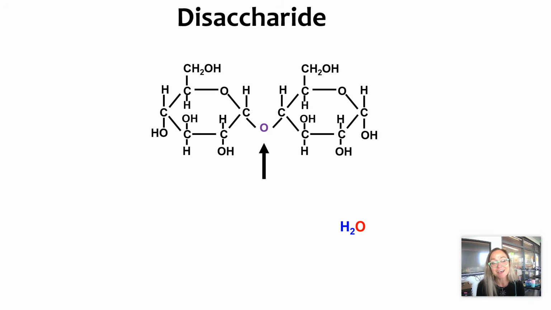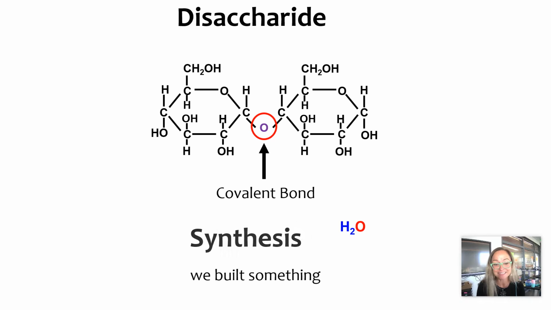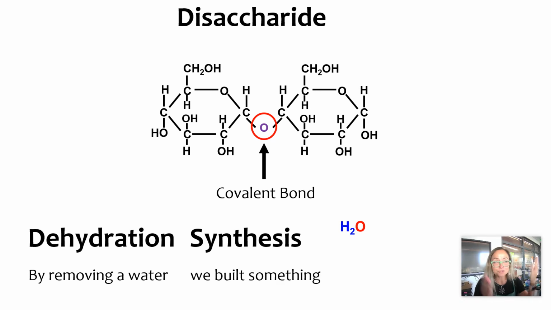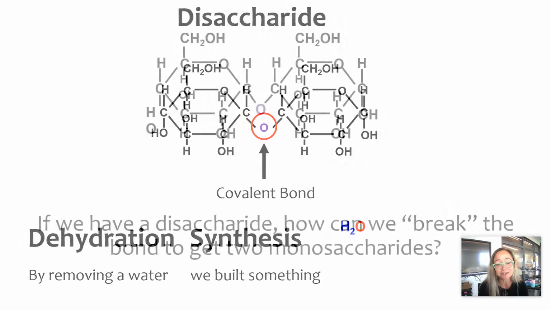We call this dehydration synthesis. So in order to begin to build a polymer of carbohydrates, we'll remove waters and build covalent bonds between the monomers, between the monosaccharides. Now, enzymes do this. It's not a random process that occurs.